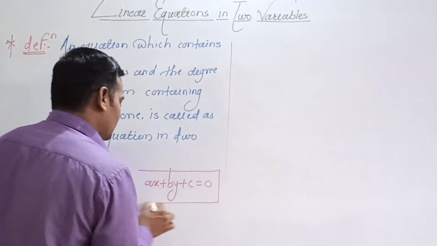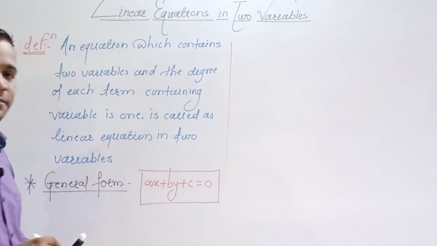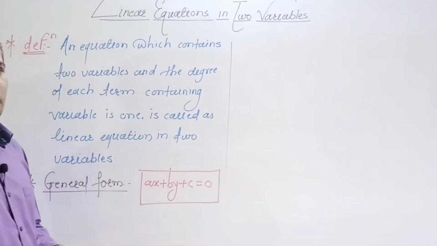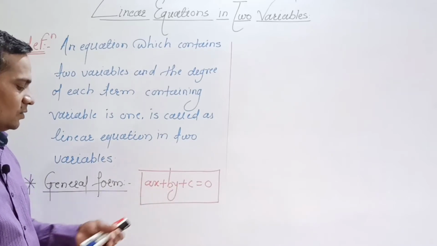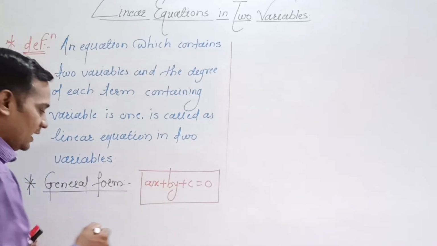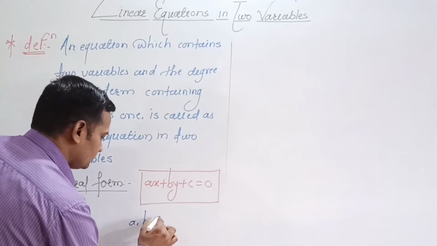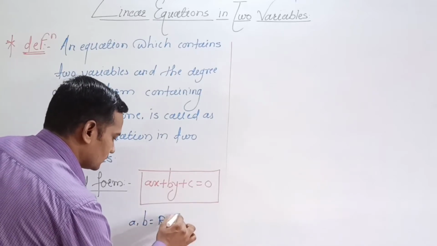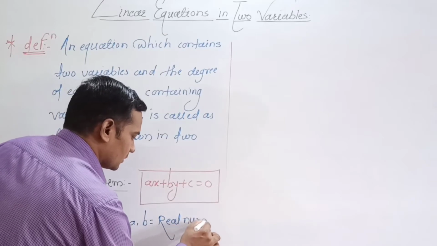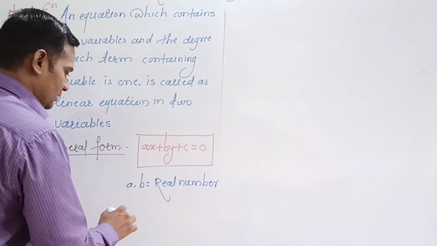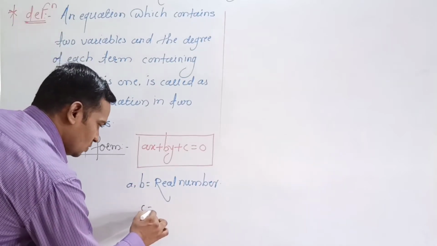Now, this is the general form of the linear equation. In it, a and b are the coefficients of the variables x and y, and a and b will be real numbers, and c is a constant.